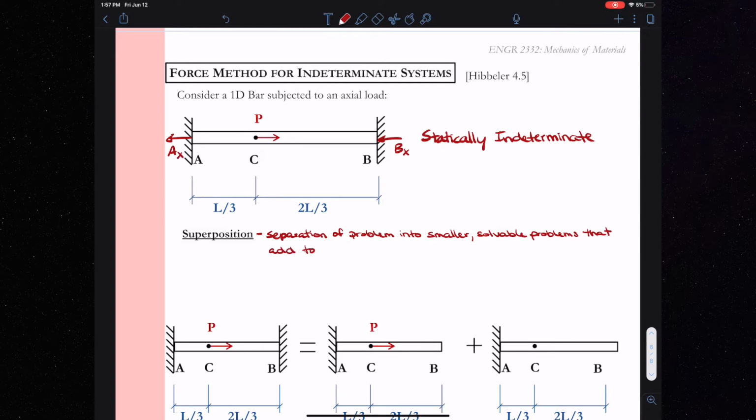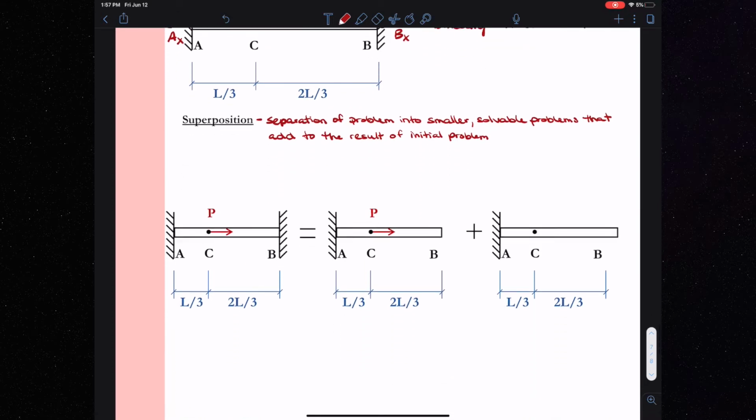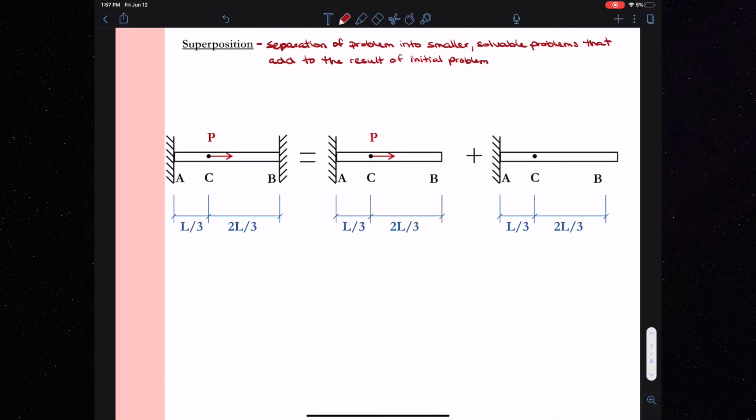So we're basically taking a complex problem and breaking it down into smaller problems that we know how to solve. If we choose these smaller problems correctly, when we add the results from the smaller problems back together, we should get back to the original problem.